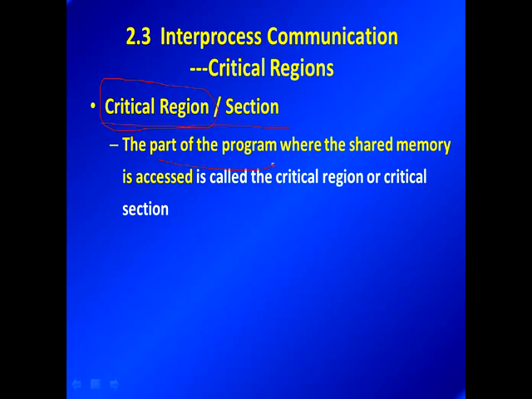Read X and compare it with 0, and then write X. These 3 simple steps together form a critical region, because these 3 instructions are the part of the program where the shared variable is accessed.